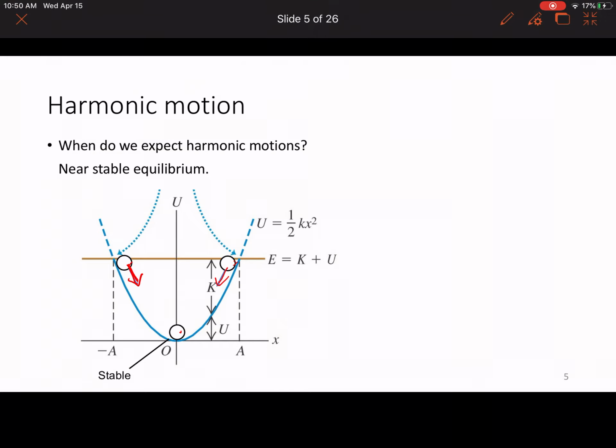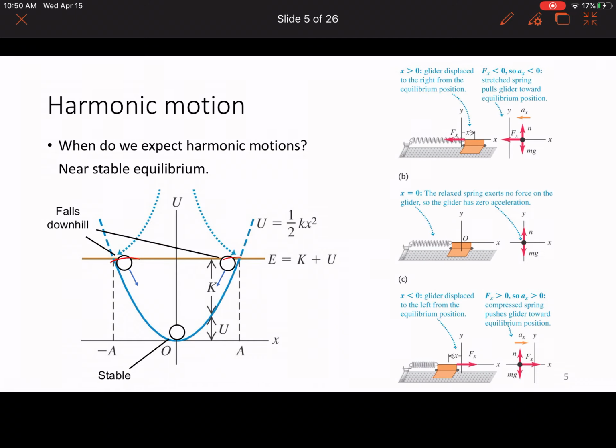And as you see, that restoring force is going to try to bring it back and forth through the stable equilibrium, essentially infinitely often, if we have conservation of energy. It'll just keep oscillating back and forth between these maximal potential energy points. So it always falls downhill.